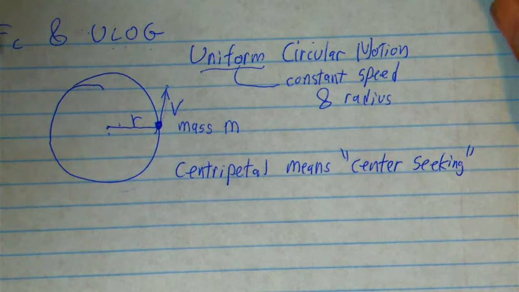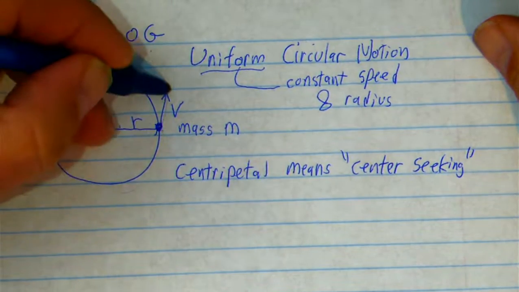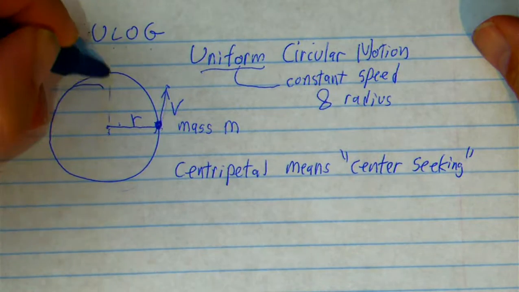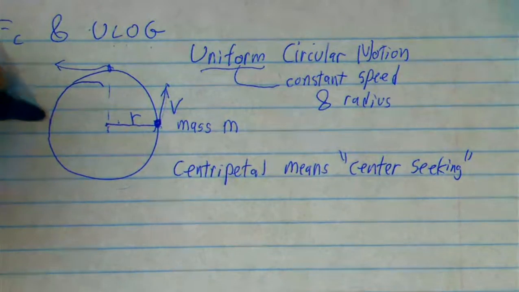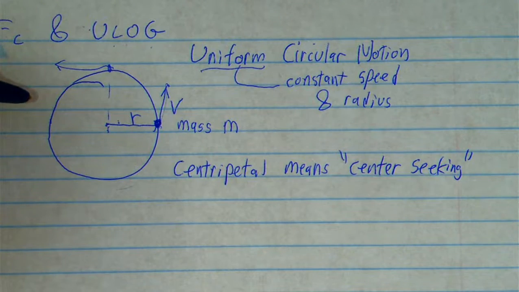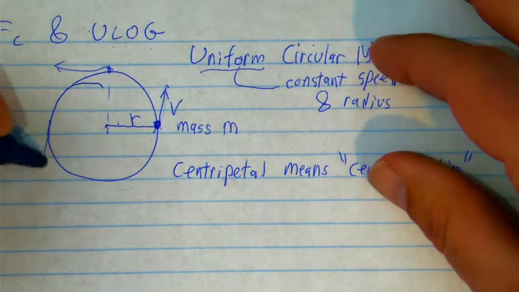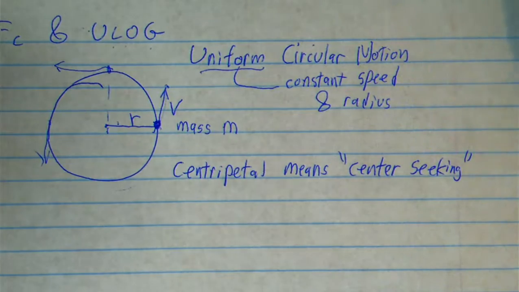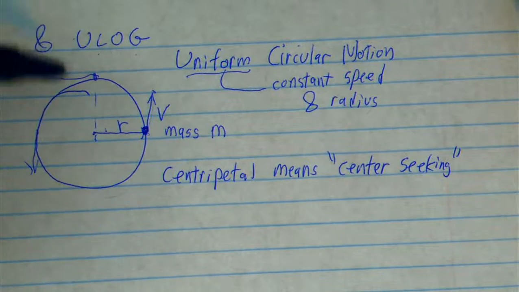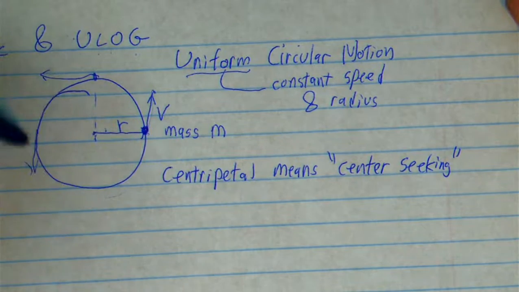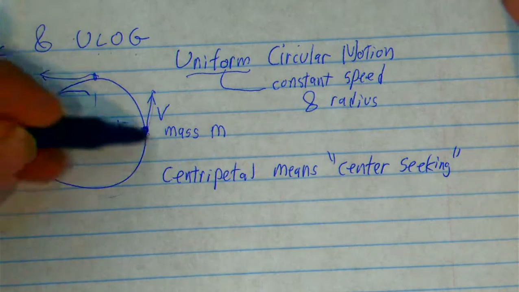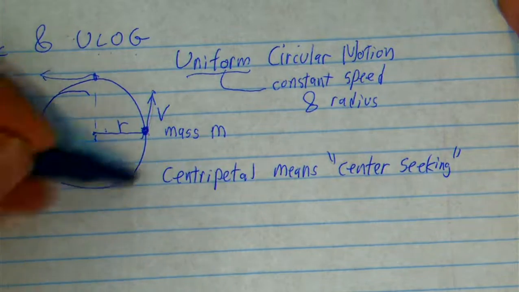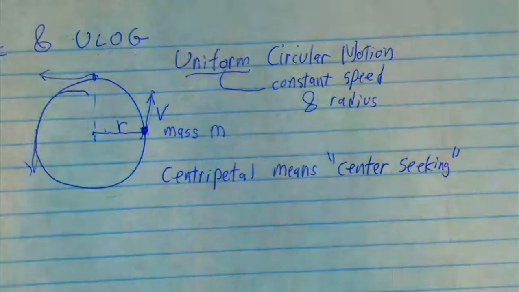Whenever the string is broken. So if I break it at this moment, I go off at a tangent. If I break it when it's up here, it would go off at a tangent. If I break it here, it would go off at a tangent. So what keeps it from going off at a tangent is called centripetal force, and the change in direction is called centripetal acceleration.